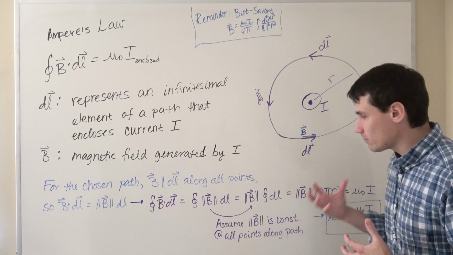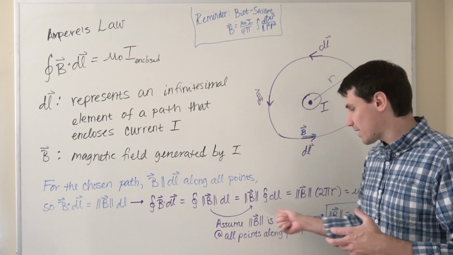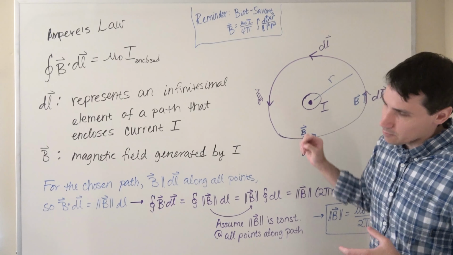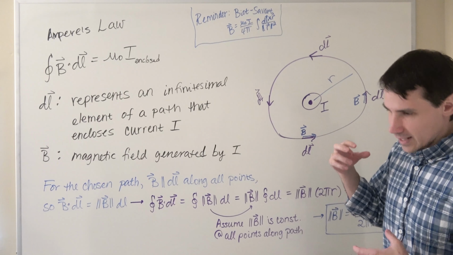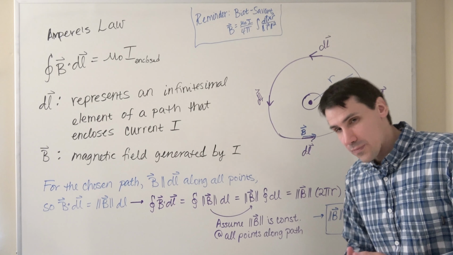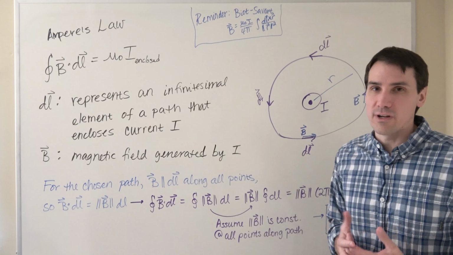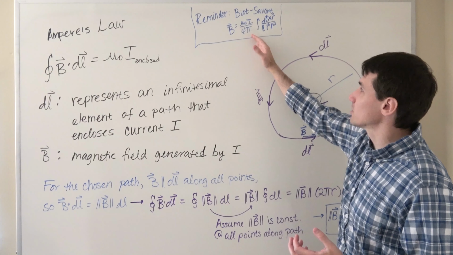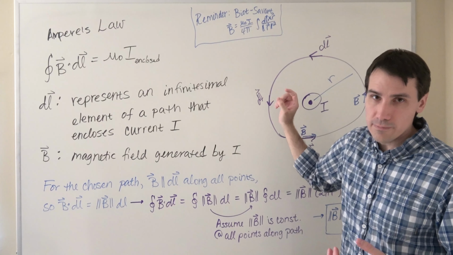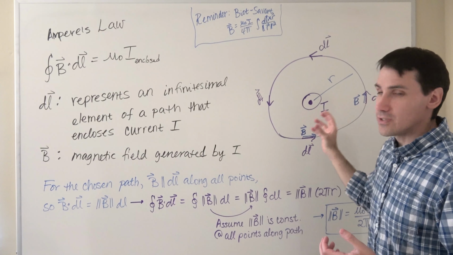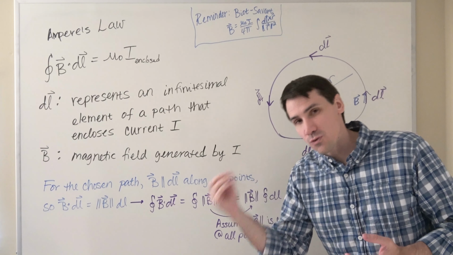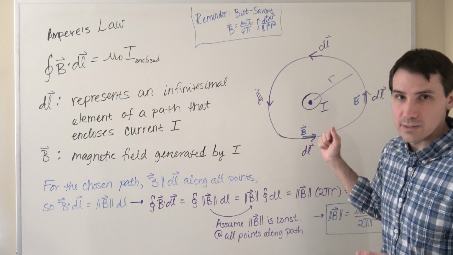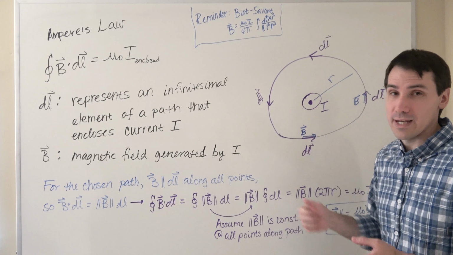And then we take one more step and we assume that the magnetic field has a constant magnitude everywhere on the loop. This is an assumption that we are making, though it's a good assumption and one that we could verify by, for example, doing this problem using the Biot-Savart law and taking that integral. We find that the strength of the magnetic field depends only on the strength of the current and how far away from that current you are.